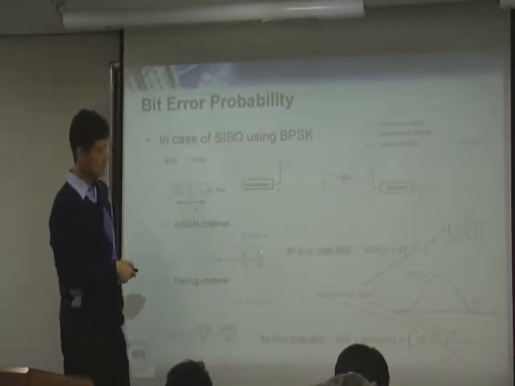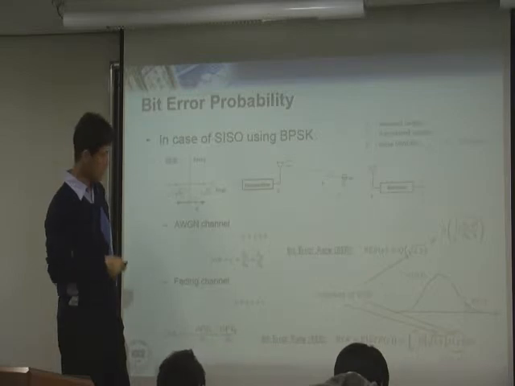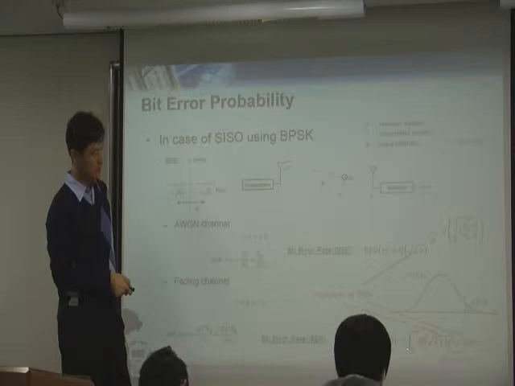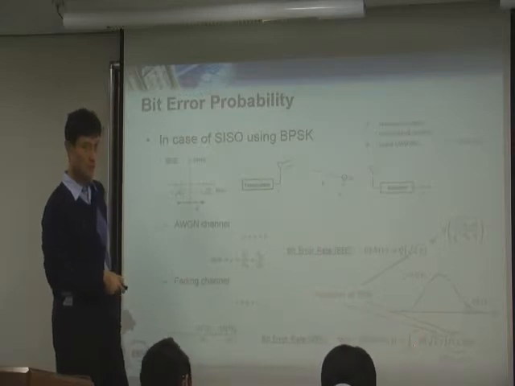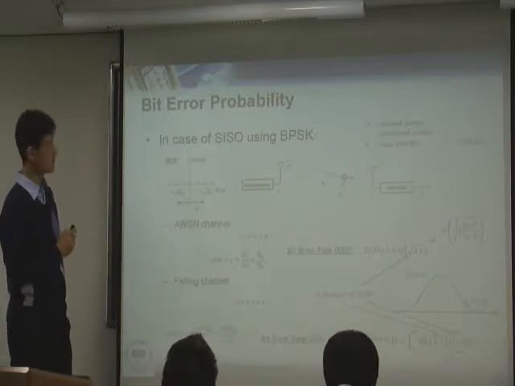You see that in the AWGN case, the BER is simply written as a Q function like this. But when you have a fading channel, it's no longer this one. We have to use the PDF of this SNR and do the integration like this. For details about this, we're going to talk about it in a minute.